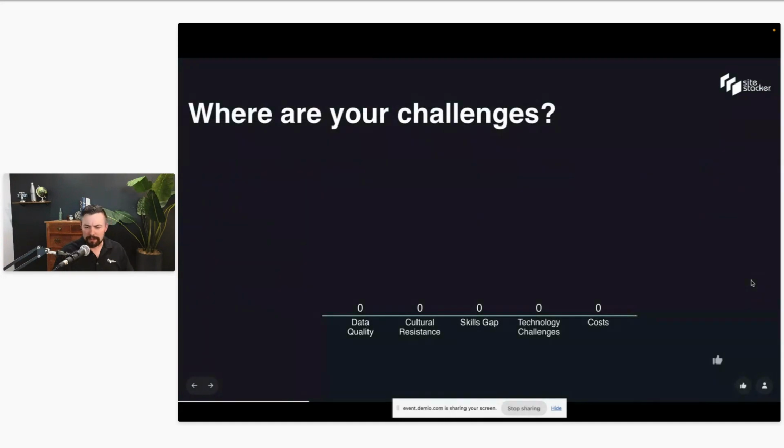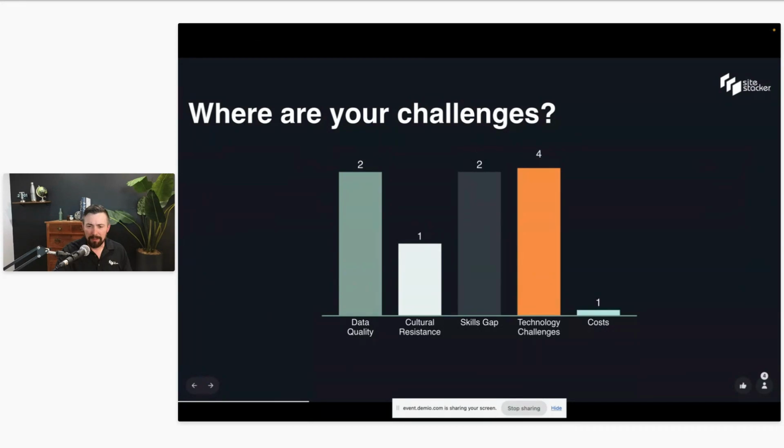And so let's interact here. What are your challenges? These are some of the most common challenges that businesses say: it's data quality. They don't know what's there, or that people maybe have put weird things in there, or there's cultural resistance. Hey, we've always done it this way, and we're not really interested in changing that. Maybe there's a skills gap.